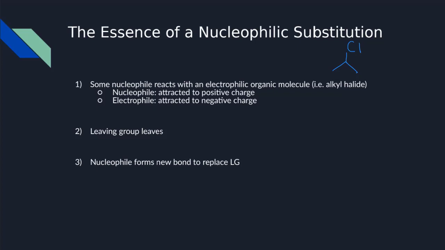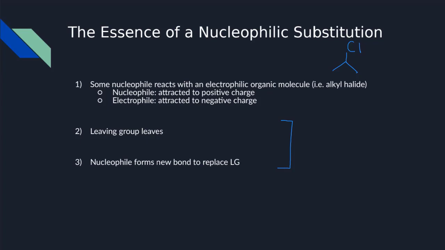And this is where I am going to list these as 2 steps, but it's important to consider that this can be combined or separate depending on the type of reaction we look at. What you're going to see in both of these SN1 and SN2 reactions is a leaving group, such as our halogen in this alkyl halide.